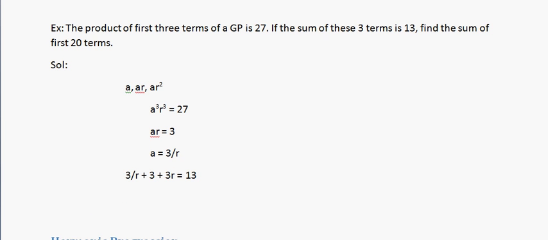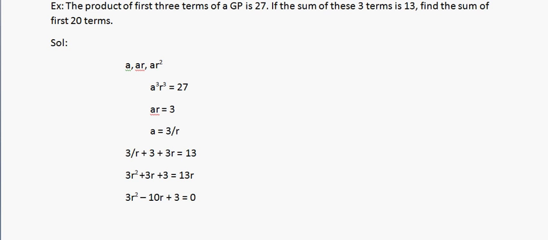If you rearrange it, it becomes 3r square plus 3r plus 3 is equal to 13 times r, right? So it becomes 3r square minus 10r plus 3 is equal to 0. So from here you would get r is equal to 3.